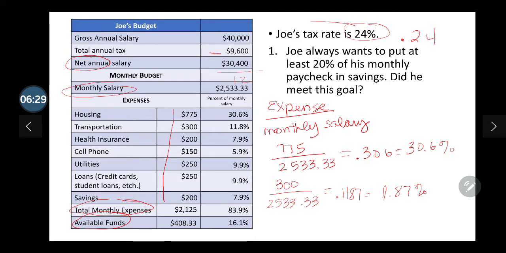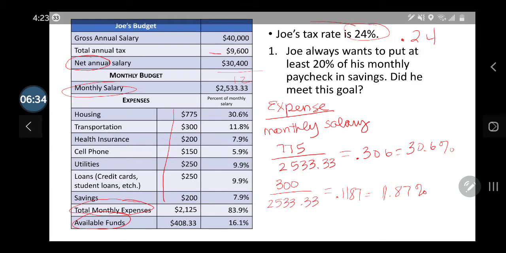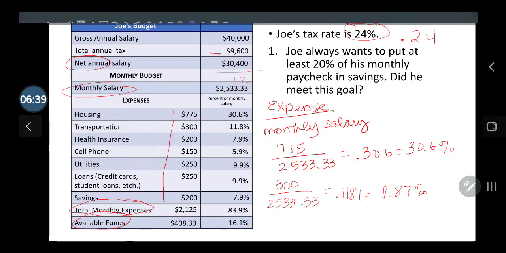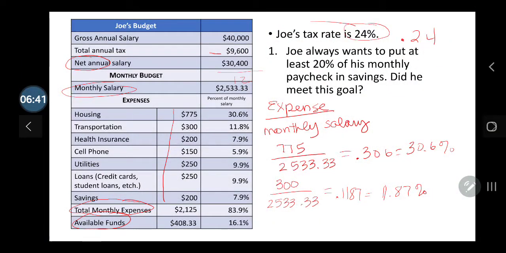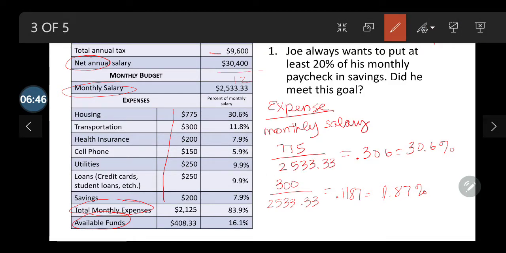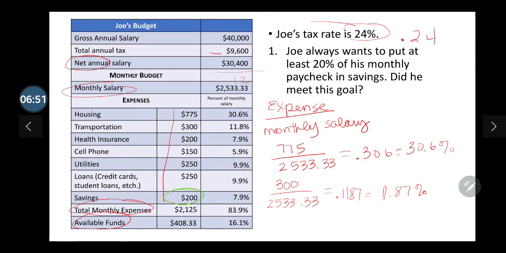If we look at monthly savings, he put in $200, which was 7.9% of his monthly paycheck. Was that at least 20%? And the answer is no.